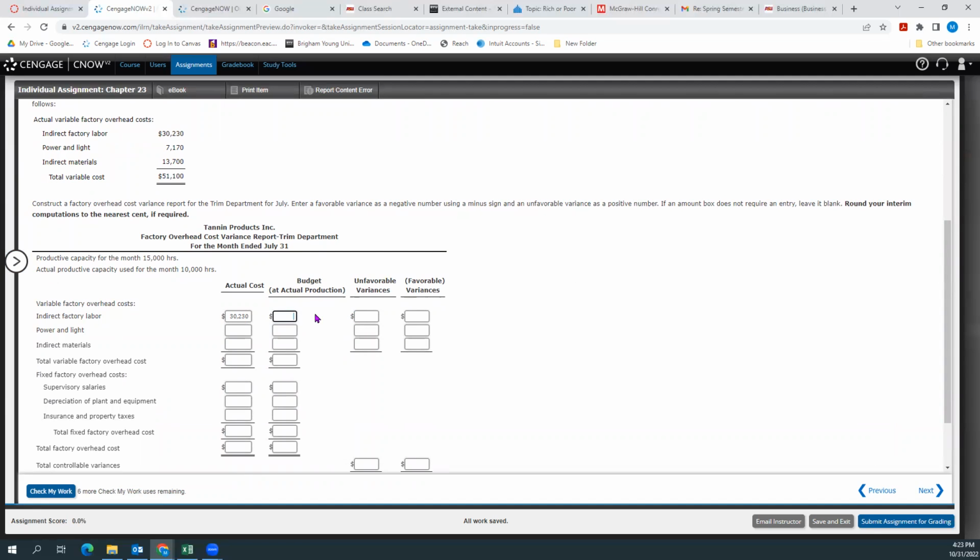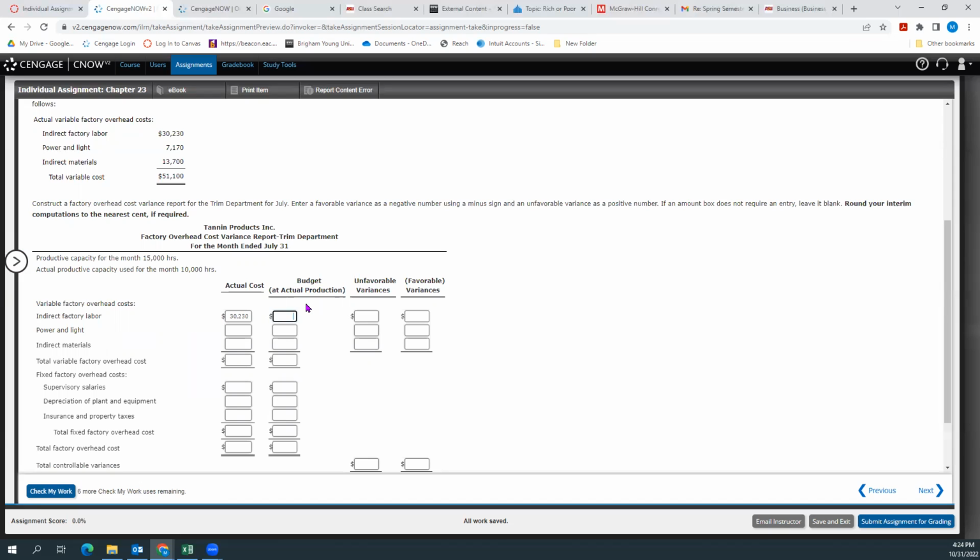Instead, we're going to look at our actual production: how much would our budget be if we had known that we were only going to do 10,000 hours of actual capacity used? So we have to go through this little process to calculate these items on budget at actual production.